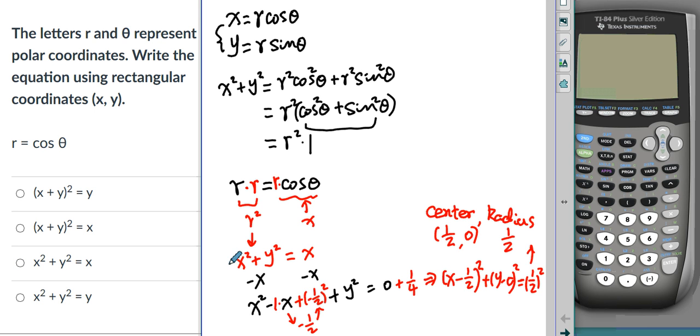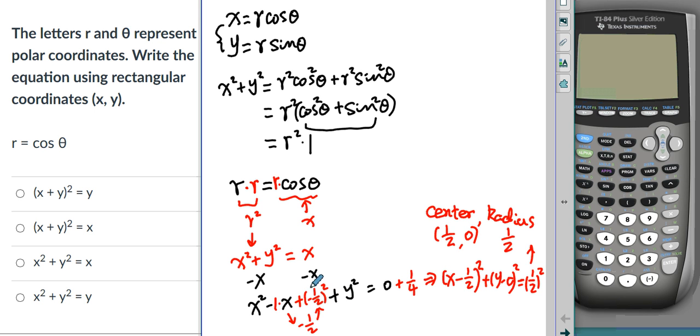How does the graph look? This is actually the equation of a circle. Recall, if we subtract x from both sides, the right-hand side is 0 and the left-hand side is x squared minus x plus y squared.